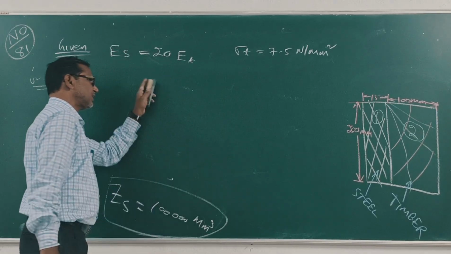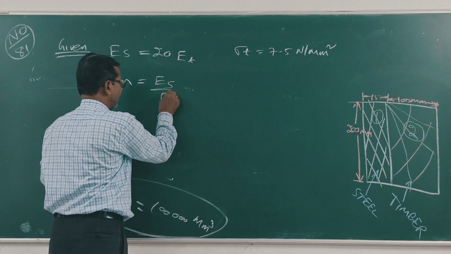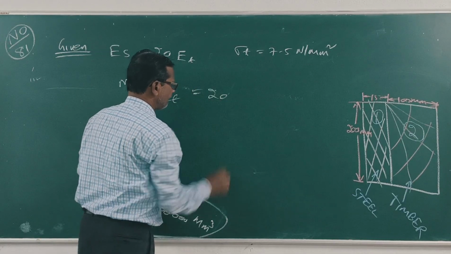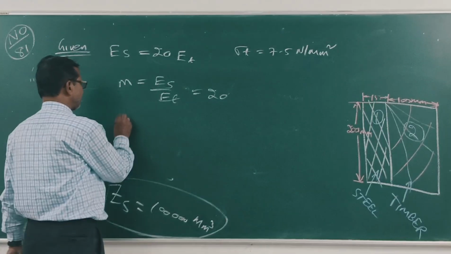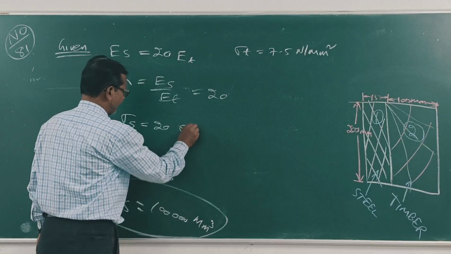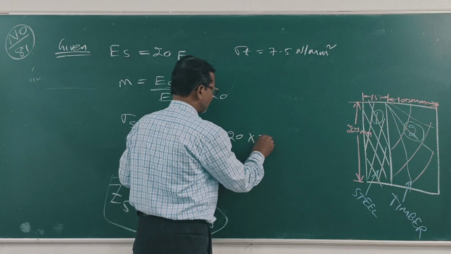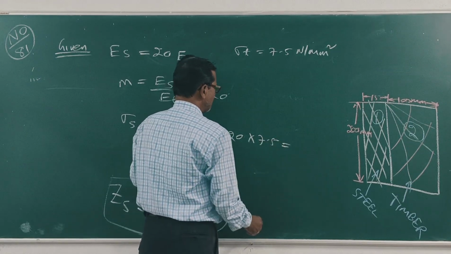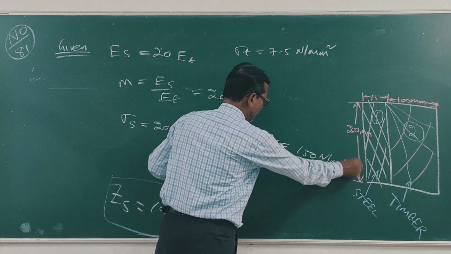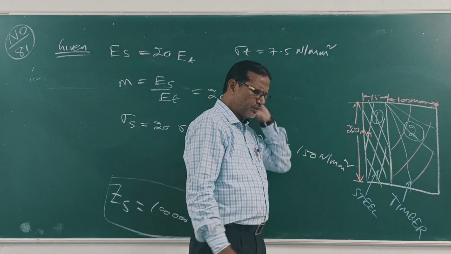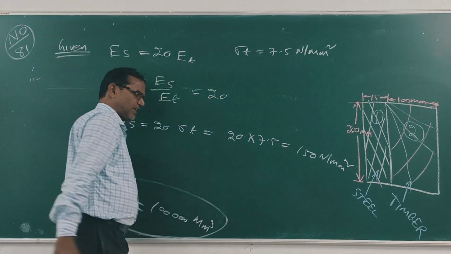What is m? M is equal to ES by ET, which is 20. Similarly, what is sigma s? Sigma s is equal to 20 sigma t, so 20 into 7.5, which is 150 Newton per mm square. Clear? This is the stress for steel.